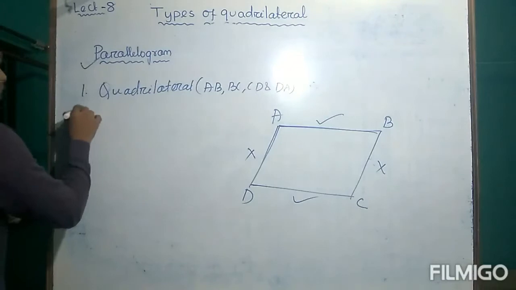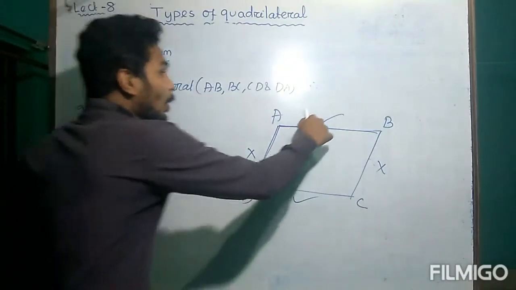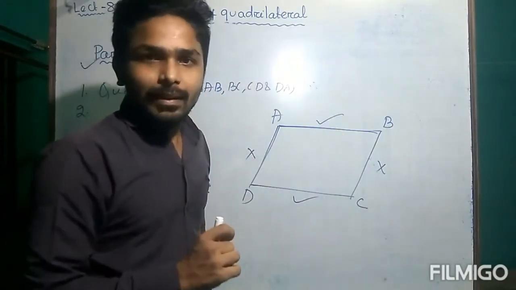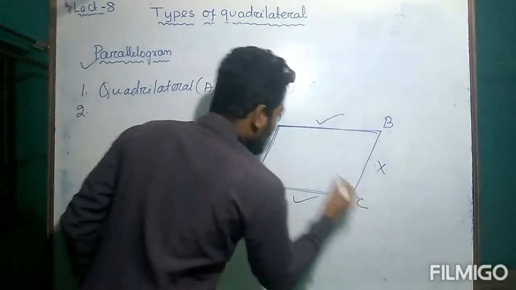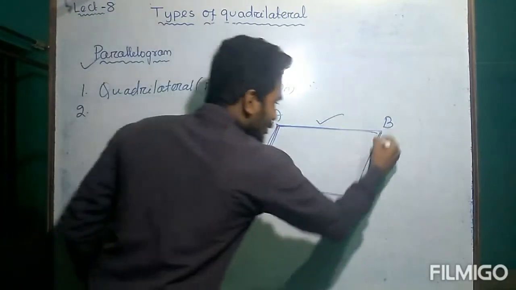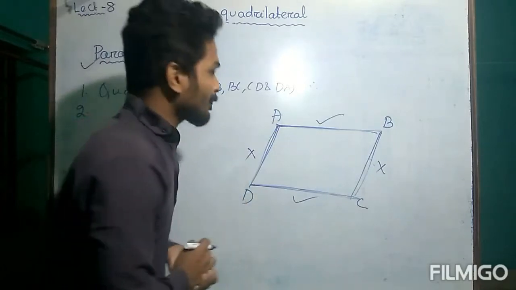So the second condition in order to be a parallelogram is that the pair of opposite sides are parallel. Again I am saying, the pairs of opposite sides, that means AB and DC, and AD and BC, are parallel to each other.